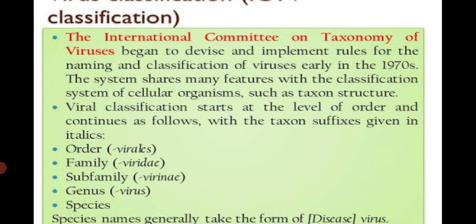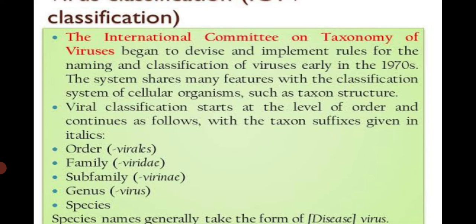The ICTV, this system of virus taxonomy, uses a taxonomy which is used for classification of cellular organisms like plant, bacteria and animal cell. And we know that a cellular classification has a taxon.